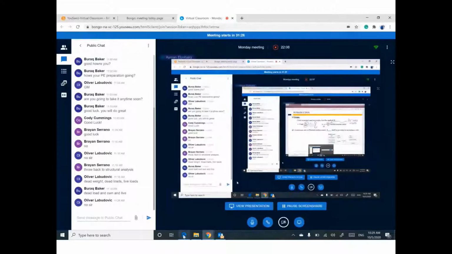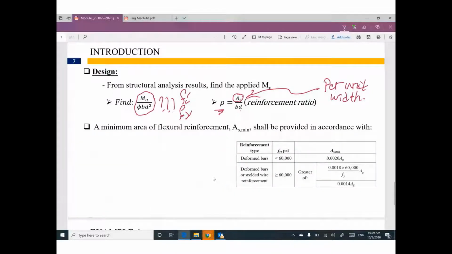Okay. After you are done with your area steel, we need to check the area steel minimum. Your area steel minimum equals based on what is the type of steel you are using. If F yield equals 60,000 or greater, your minimum will be the greater of this value or this value.